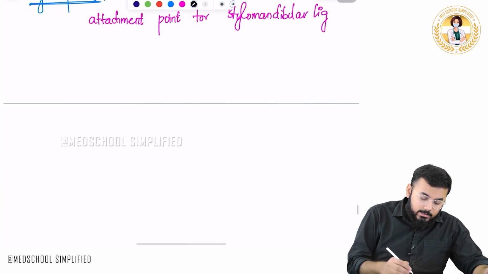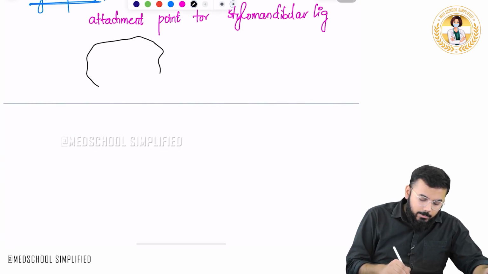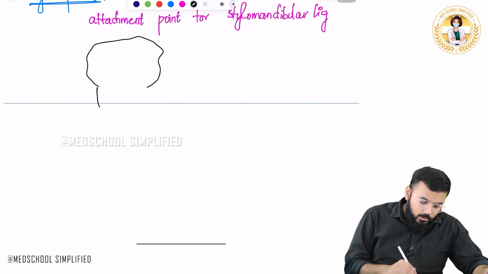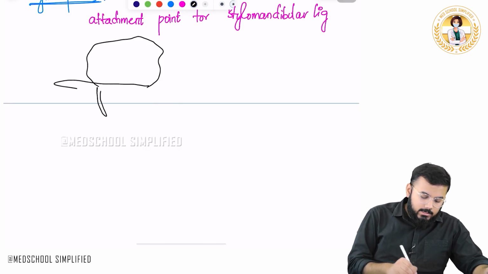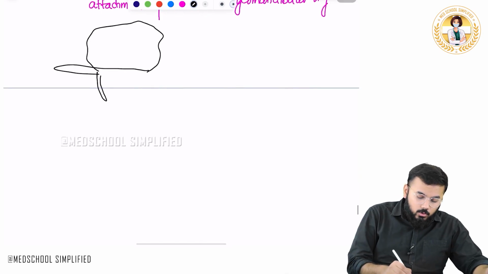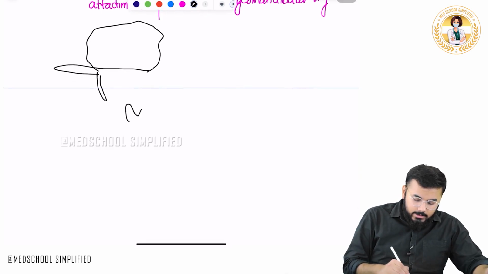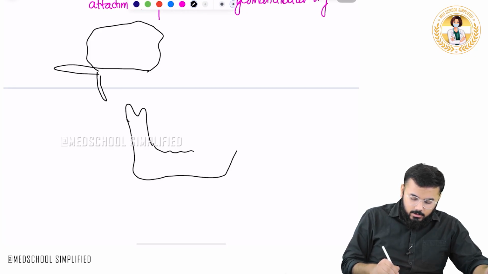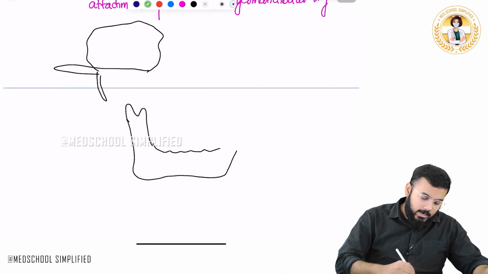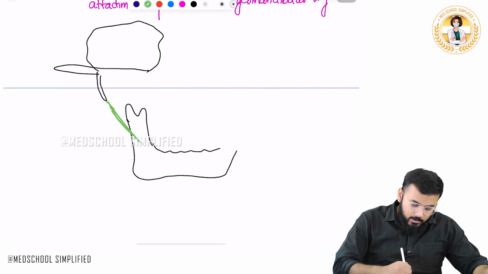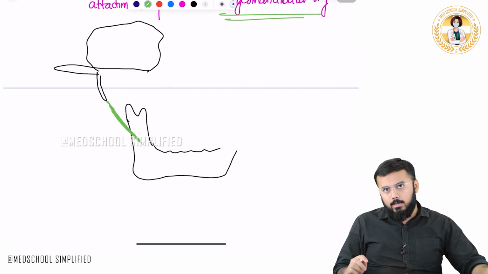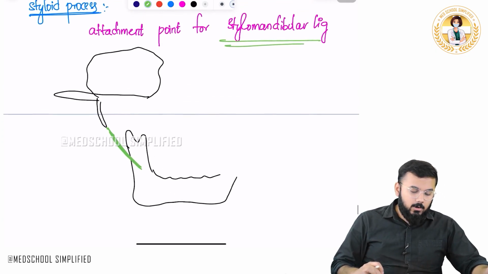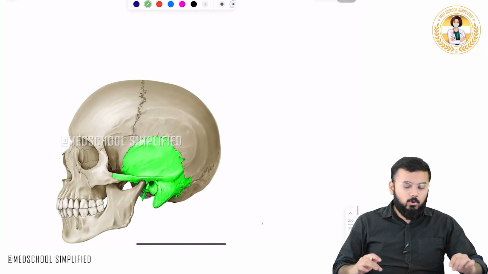For example, let us say that this is your temporal bone and down here it has the styloid process. Let us say that this is the zygomatic process. And here let us say you have your mandible like this, just a rough picture. So if there is a ligament from the styloid process all the way to the mandible, this ligament is called the stylomandibular ligament. And the last part after the styloid process we have to discuss is your petromastoid part.